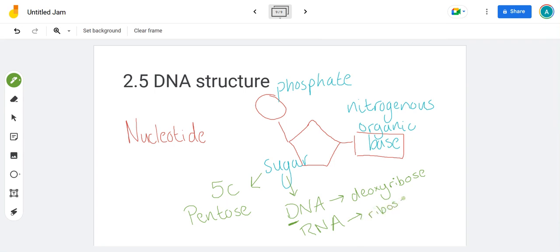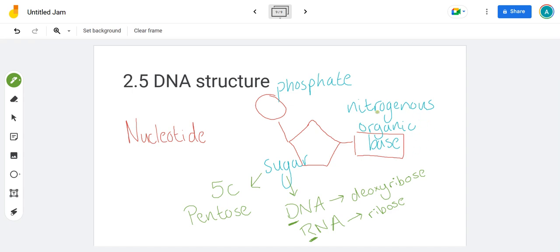So this R in RNA stands for ribose, the name of the sugar. As the name suggests, they're kind of the same thing, but DNA is deoxy, so it's got one oxygen atom less in its structure, but you don't need to be able to draw the structures. This is just the level of structure of a nucleotide that you need to be able to draw.